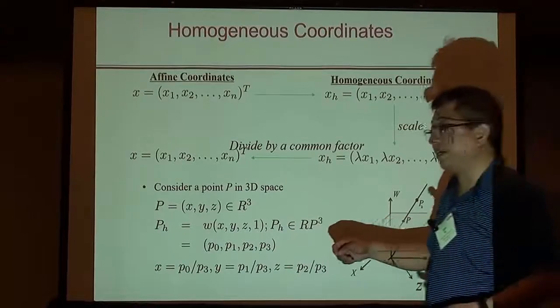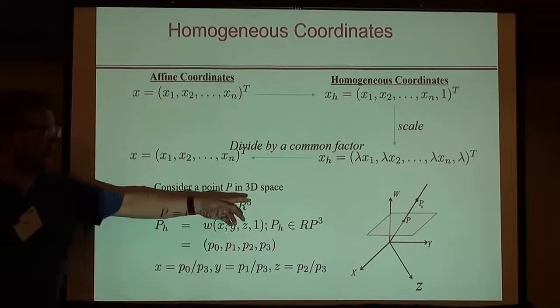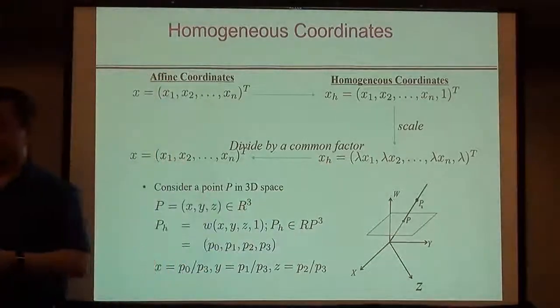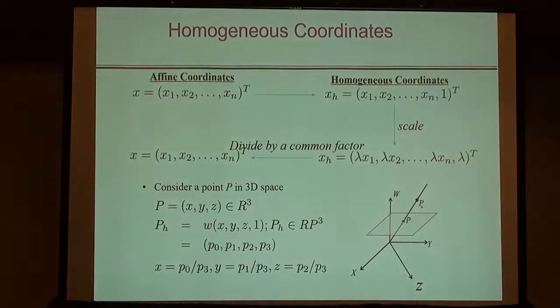Now, if you're thinking about three-dimensional space, if you have a vector representing a point and you multiply by that constant, essentially you form a ray from the origin to that point. What you are saying is that any point on that ray, other than the origin, represents the same point, and that's essentially what homogeneous coordinates are. It's then tied to projective space.